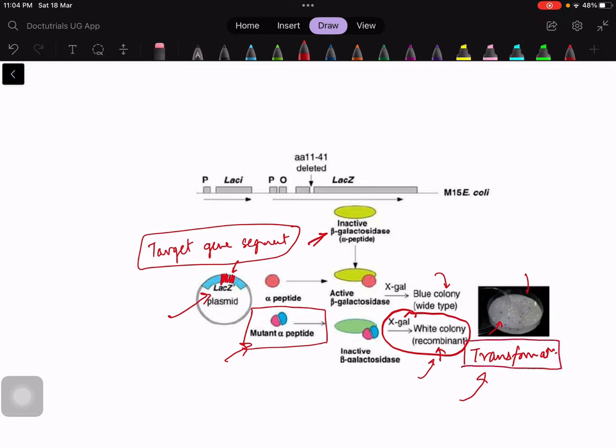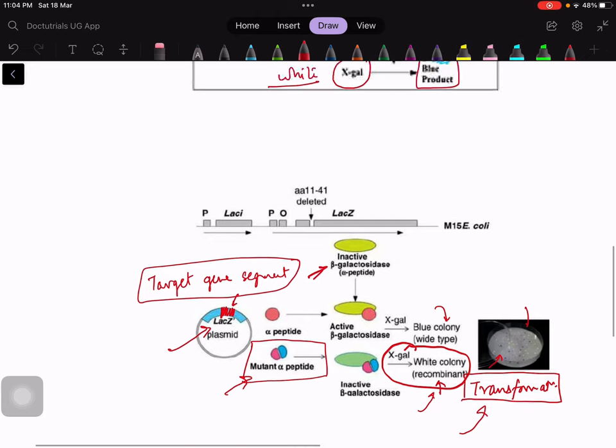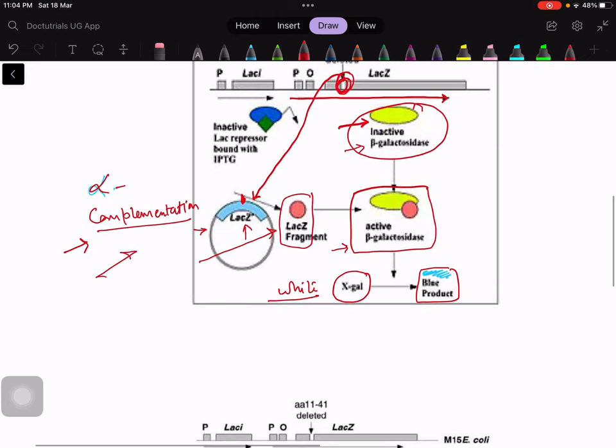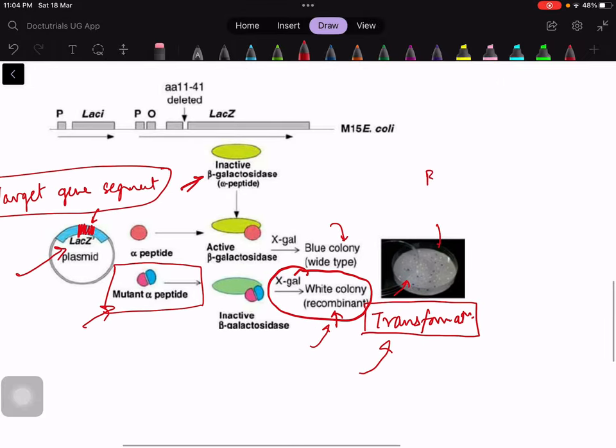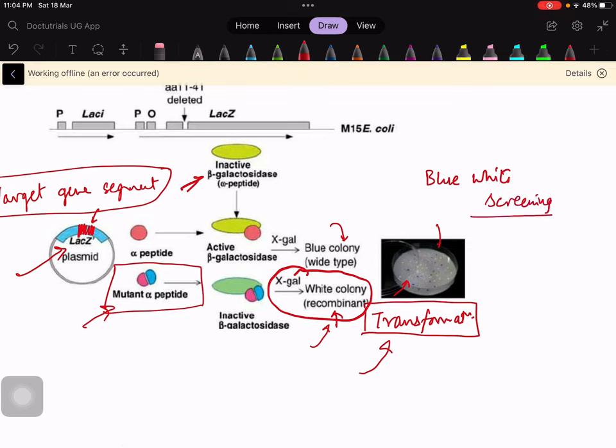Transformation, where we are looking at the successful integration of the target gene segment in the plasmid. Alpha complementation is a model which will work, and this whole process is called blue white screening. Blue white screening is the classical method to identify the gene transformation when you're doing genetic engineering.